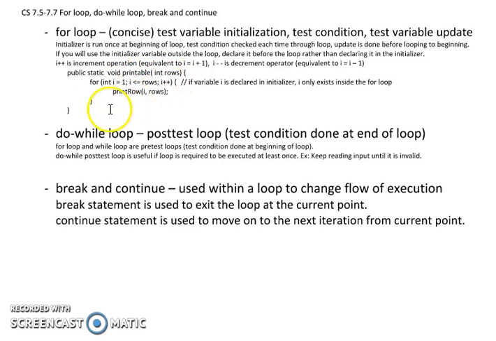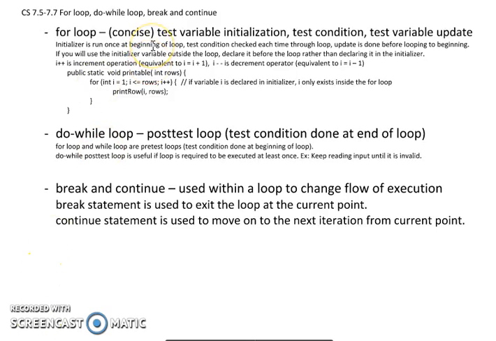Actually, first I have to increment, and then I test it. And if this condition is still true, then I go through and do it again. I get to the bottom of the loop, I increment, I test it. As long as it's true, I keep doing that. And again, we're hoping that there's going to be a condition where it will terminate.